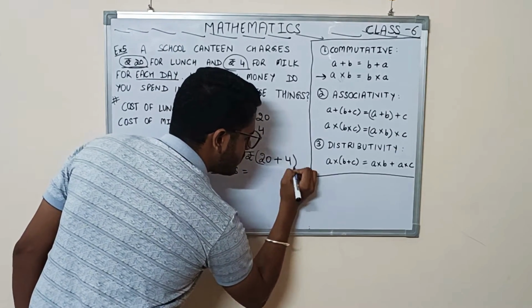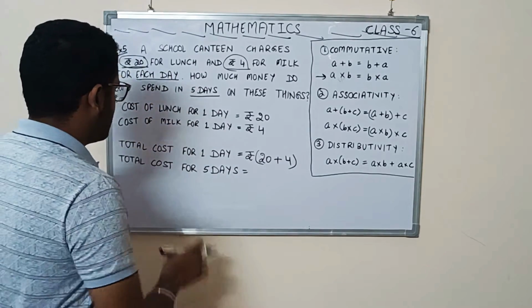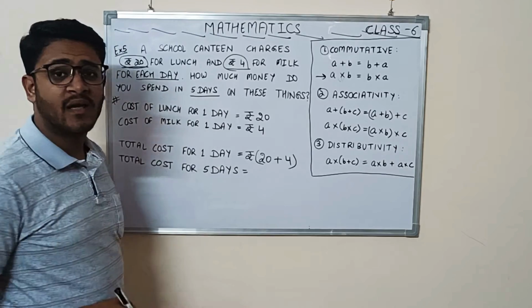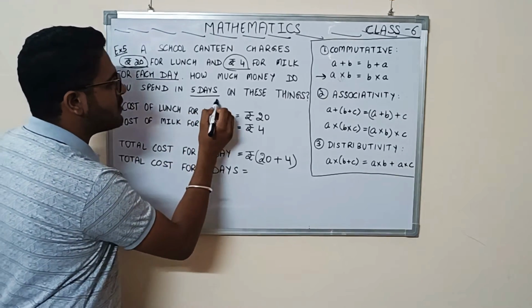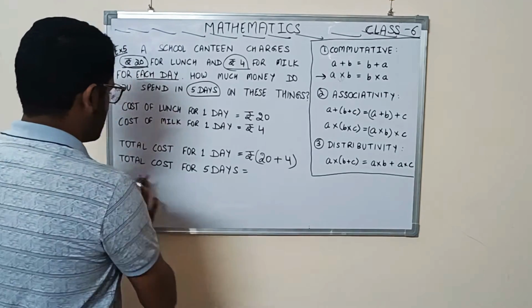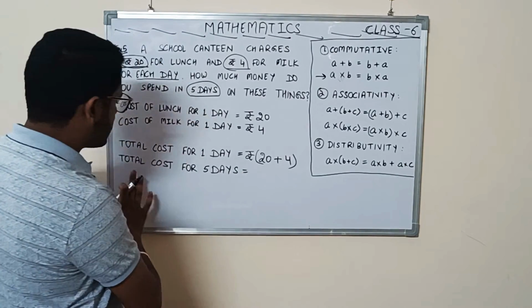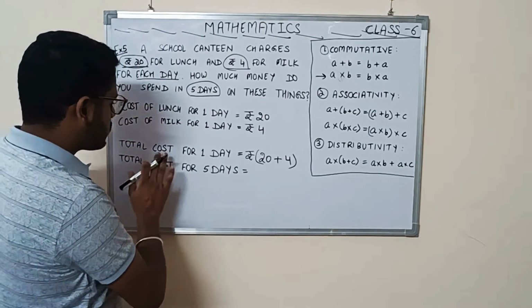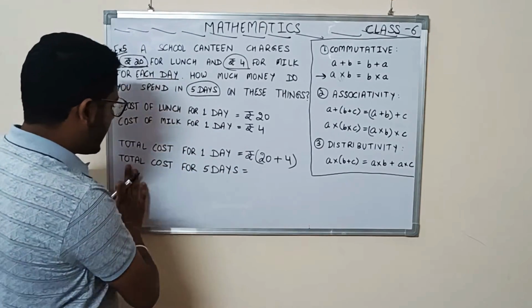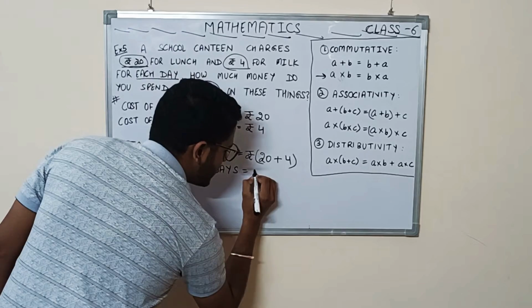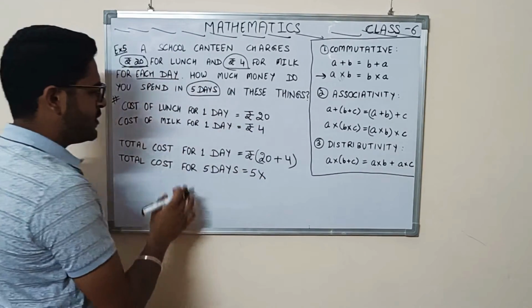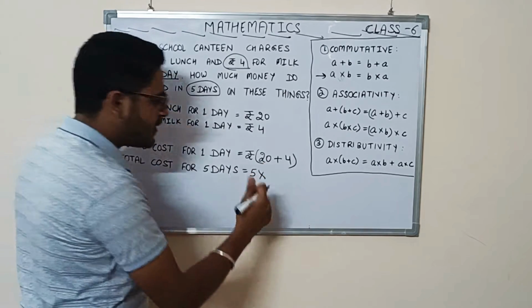So till now we got the cost for one day, but what we want is the total cost for 5 days, right? So how will we calculate the total cost for 5 days? Total cost for one day is ₹20 plus 4, and the total cost for 5 days will be 5 multiplied by cost for one day, right?